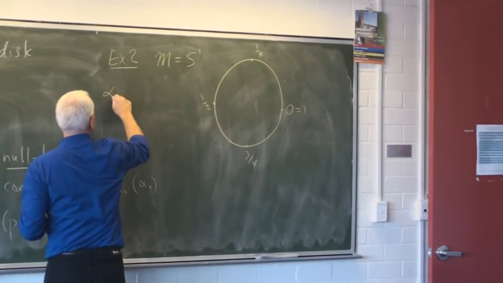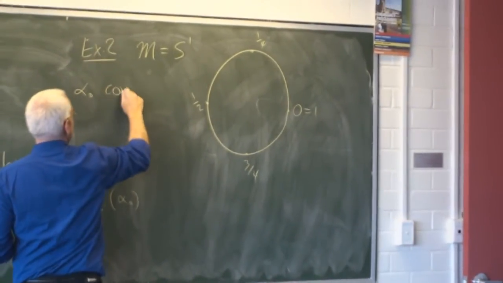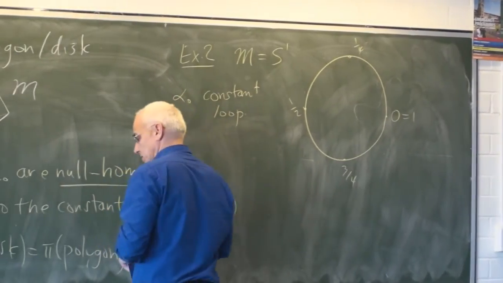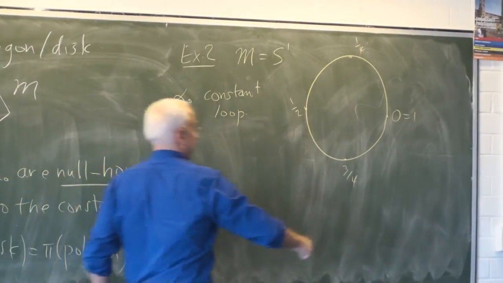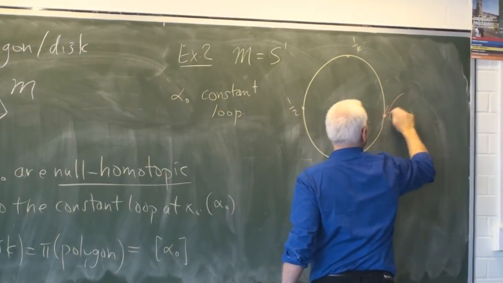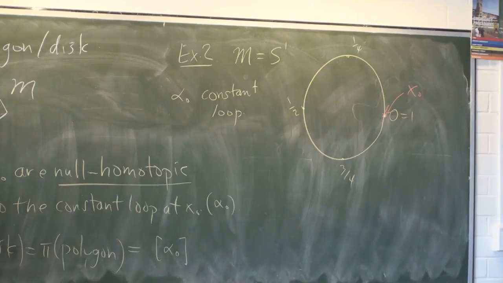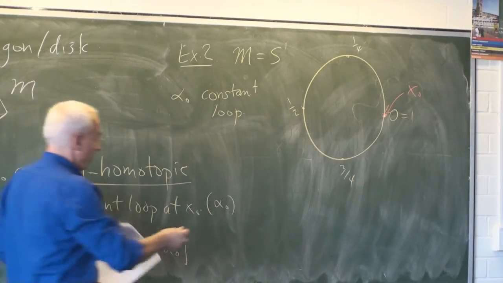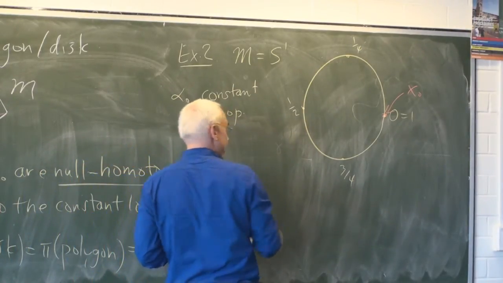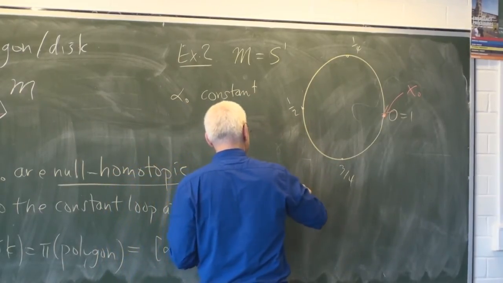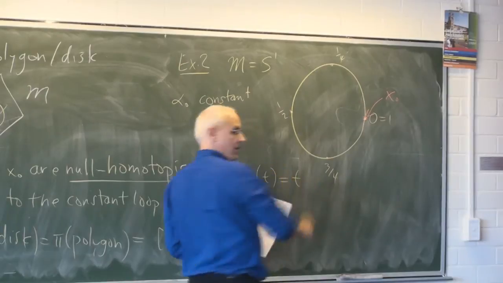Well, first of all, there's alpha 0, which is the constant loop. And our base point, natural to take, say, this point here as our base point. That doesn't really matter. And then we have some other loops. Well, we could define alpha 1, say, by defining alpha 1 of t to be t.